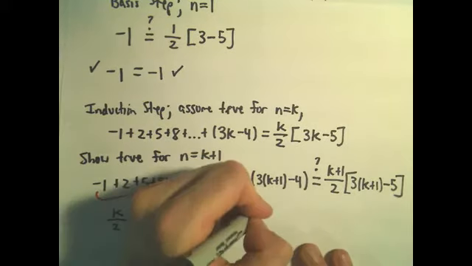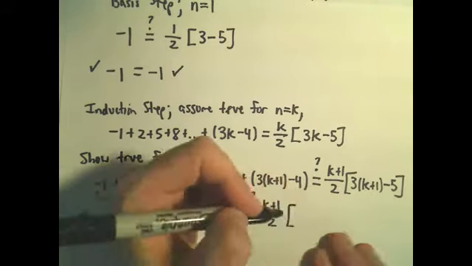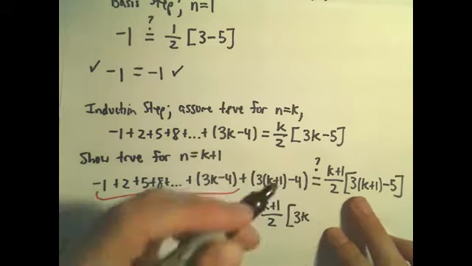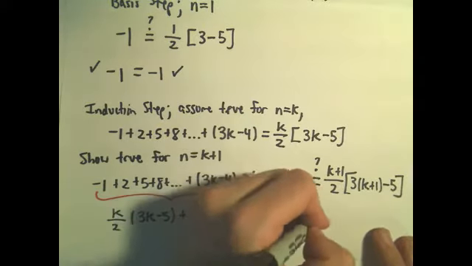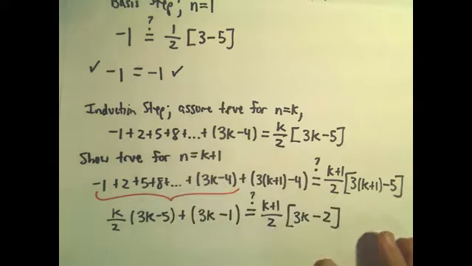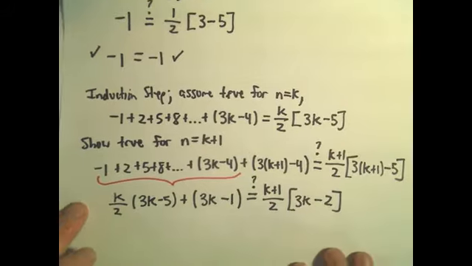And again, I'm asking myself, is that equal to k plus 1 over 2 times 3k plus 3 minus 5? So 3 minus 5 will give us -2. And again, we're asking ourselves, are these quantities in fact equal?